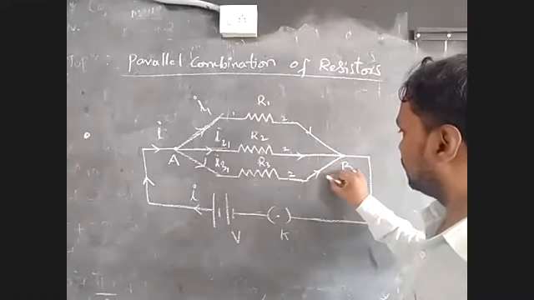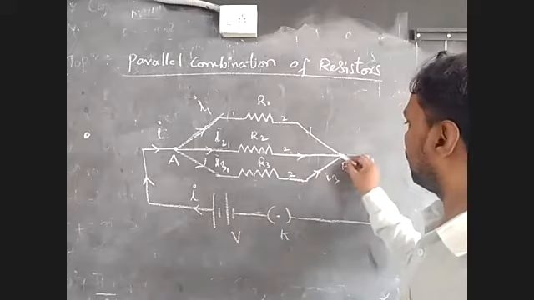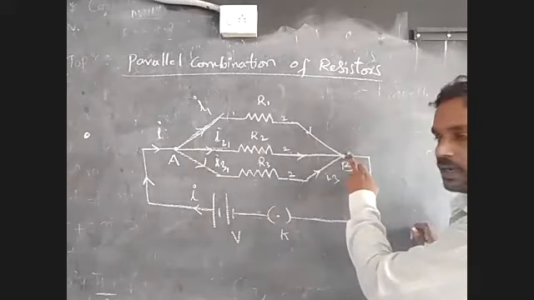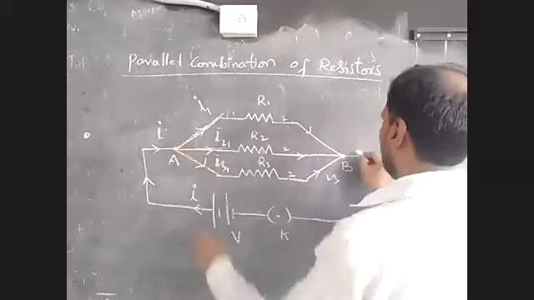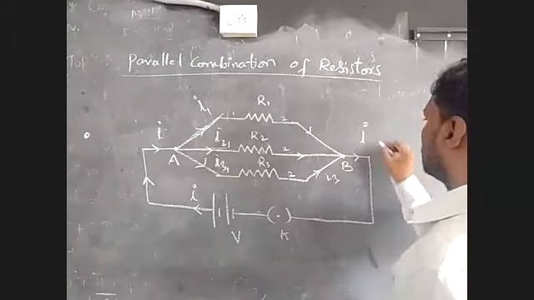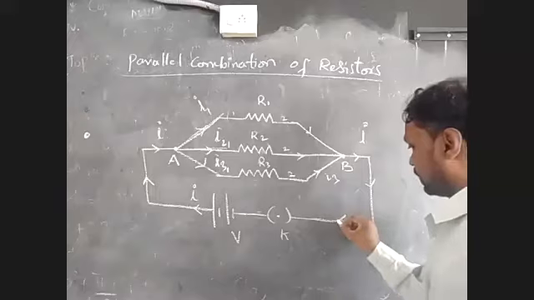All of them come and meet at one point. Again, I1 plus I2 plus I3 is nothing but I. Total, this I is completing its path.